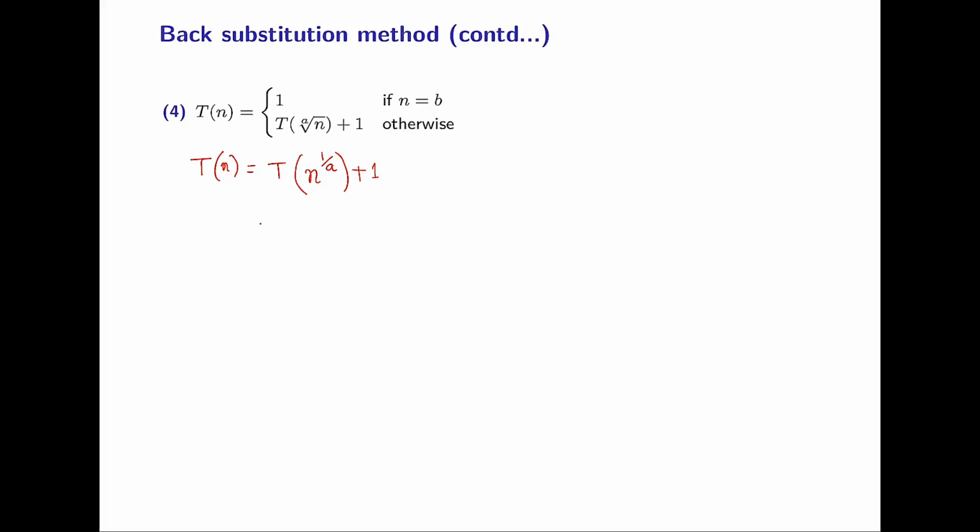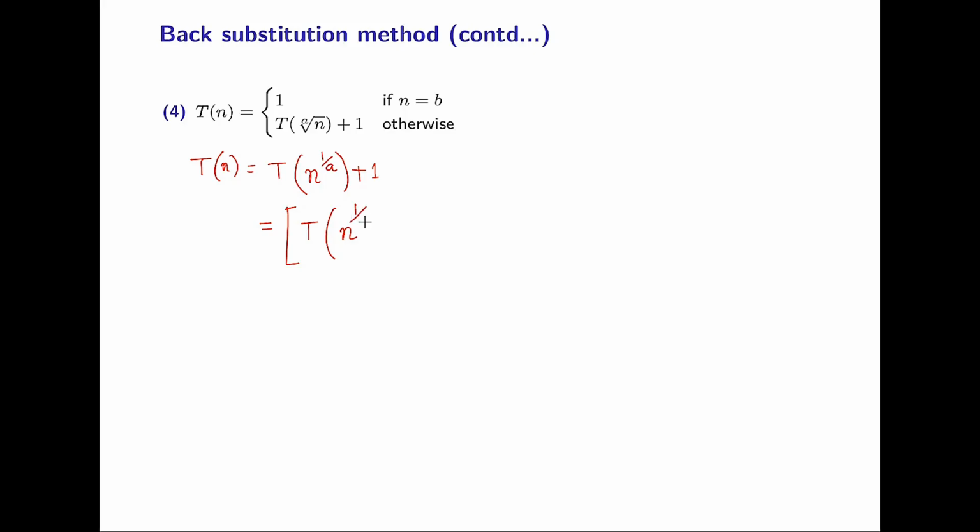Now if Tn is equal to T(n to the power 1 by a) plus 1, then what we can write in place of T(n to the power 1 by a)? If we substitute, then T(n to the power 1 by a), this is now our n. n to the power 1 by a is now our n. So it will be n to the power 1 by a to the power 1 by a.